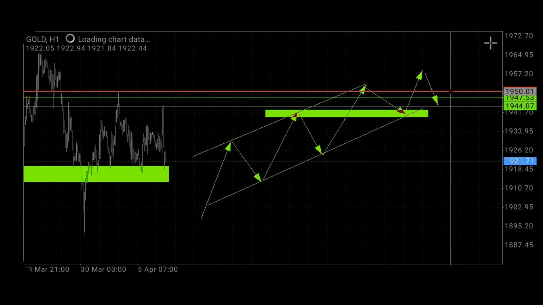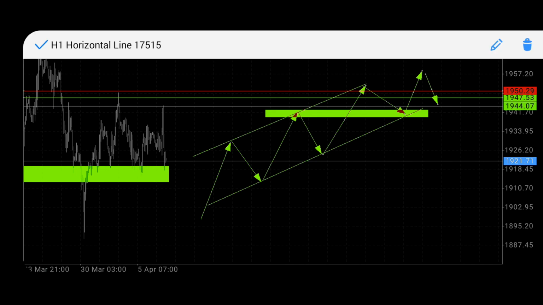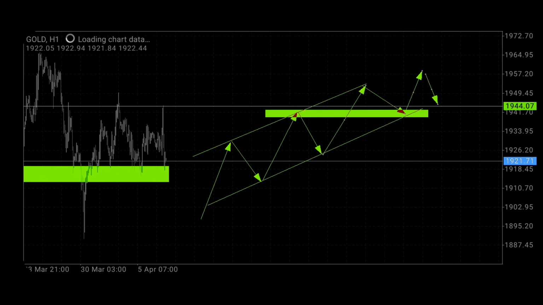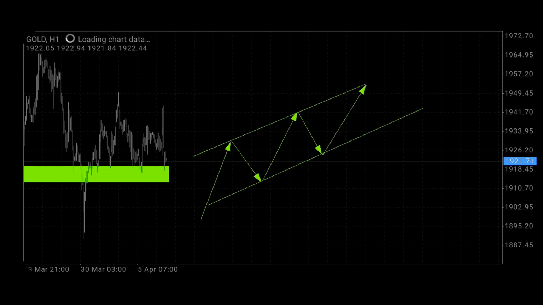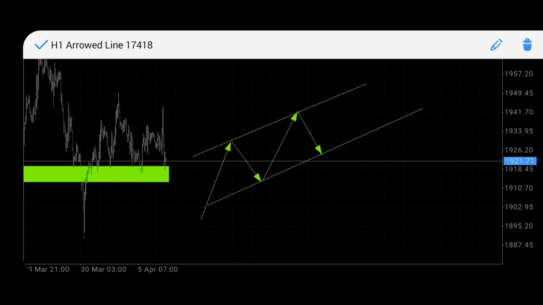So that's what locking profits means in short. This is how I have been minimizing my losses and building up the account. It helps me close in profit instead of negatives.